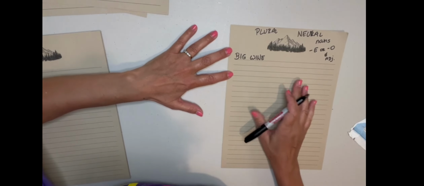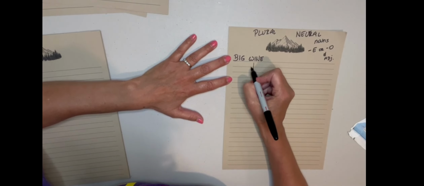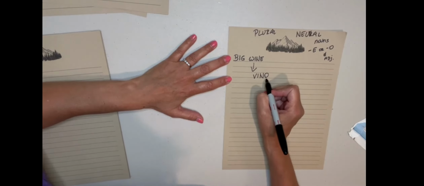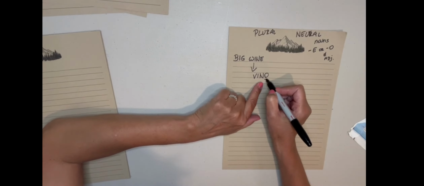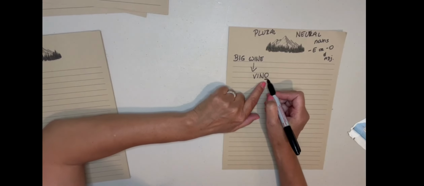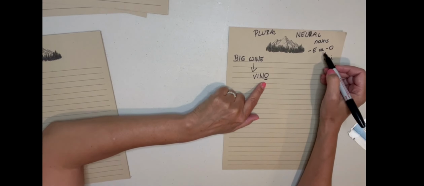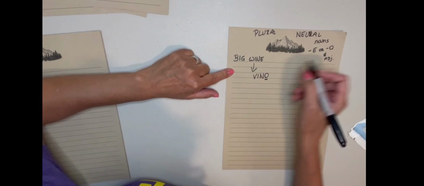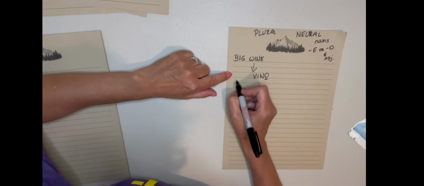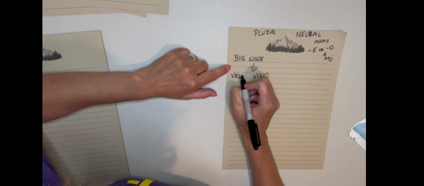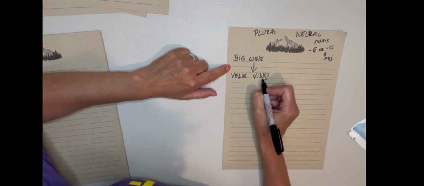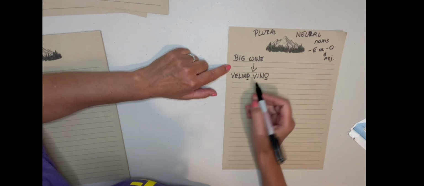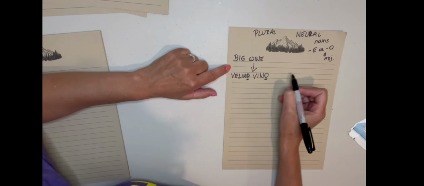Wine is vino. I know that vino is a neutral noun because it ends in an O. It either ends in an O or an E in general. And we know that the word big is velik, but we need to make velik neutral, so it needs to end in an O as well. All right, so veliko vino.